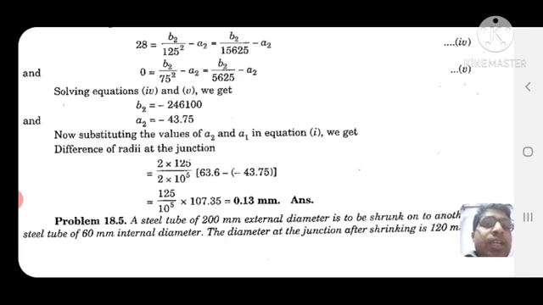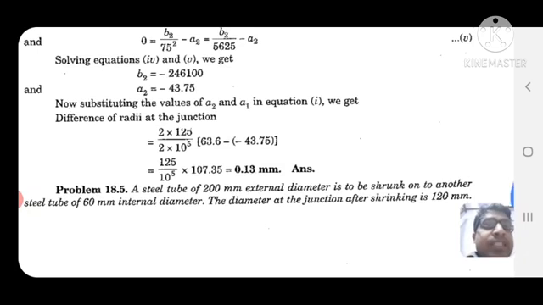So 0 equal to B2 by 75 square minus A2, so B2 by 5625 minus A2. Solving equations 4 and 5, we get B2 equal to minus 246100 and A2 equal to minus 43.75.